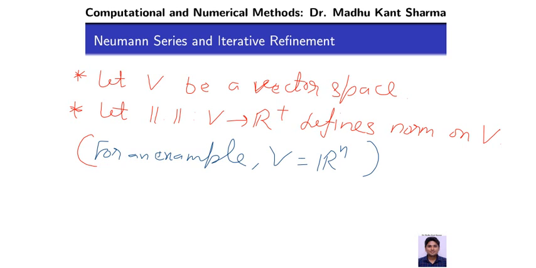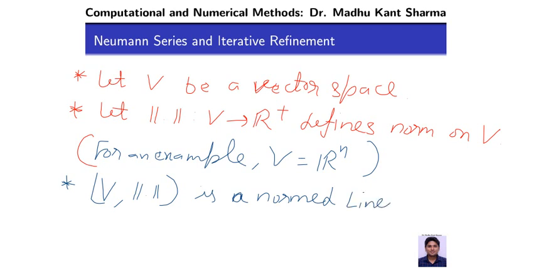Then we say this pair, V together with the norm, is a normed linear space.